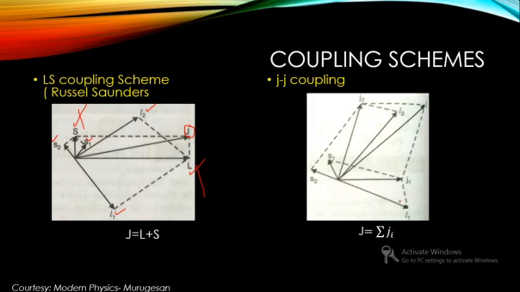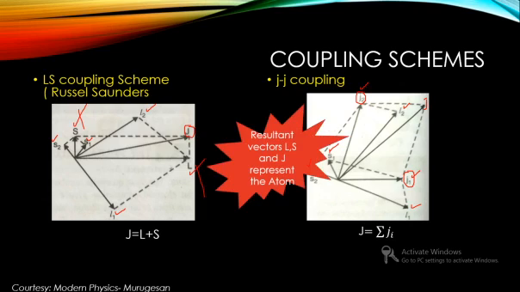Here you can see between L1 and S1, the addition will take place, and the resultant vector will be given by J1, and between S2 and L2, vector addition will give a resultant vector J2, and the corresponding capital J will be the vector sum of J1 and J2, which will be a resultant vector along this direction, and that is how we got it.